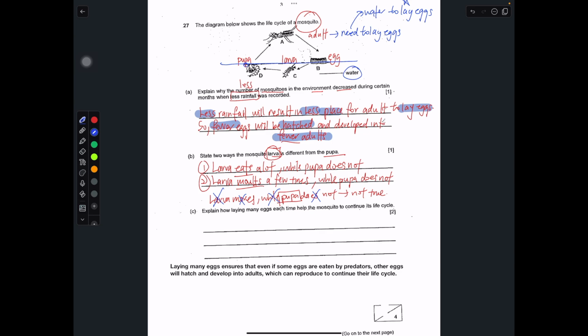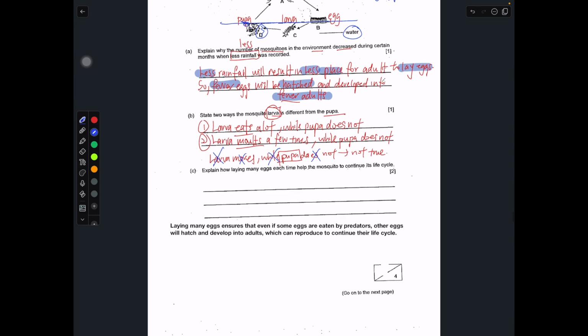Sometimes they may have to move their breathing tube a little bit if there is some obstruction or some branches blocking them, or they may sometimes have to move to another place if there's some disturbance. So they move, but very rarely. If the environment is very suitable, they probably won't move a lot. They will just stay and remain there until they become an adult. So they will still move if it is required.